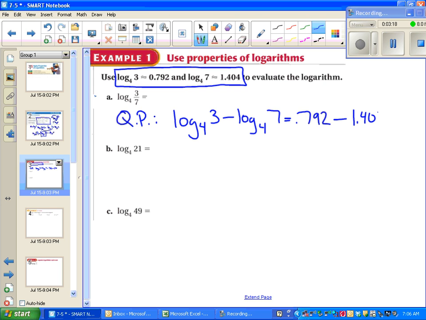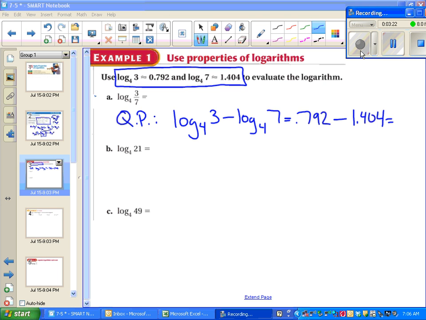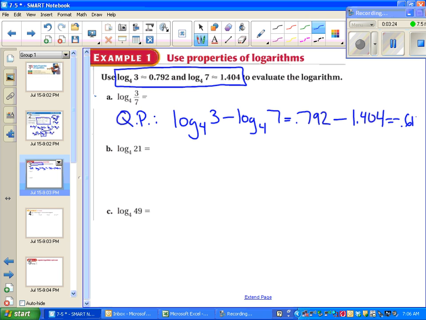Part B looks a little harder. I see a 21, but I don't have any information about a 21. I have information about log base 4 of 3 and log base 4 of 7. This is actually going to be a product property. I know that 21 is 3 times 7, and that helps me split it up.